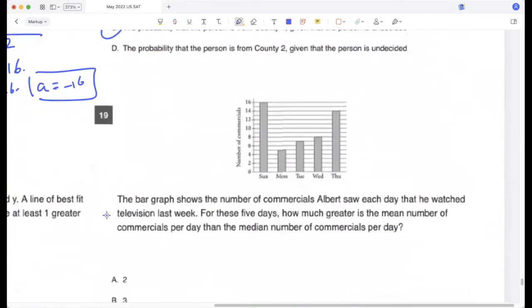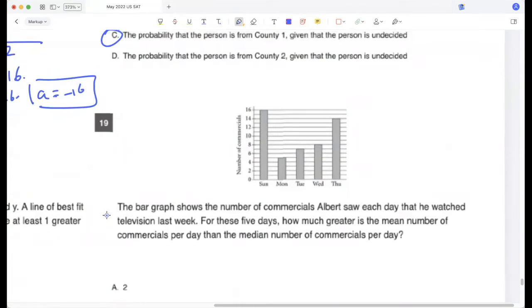The bar graph shows the number of commercials Albert saw each day that he watched television last week. For these 5 days, how much greater is the mean number of commercials per day than the median number of commercials per day? Okay. So this is 16. This is 5. This is 7. This is 8. And this is 14.